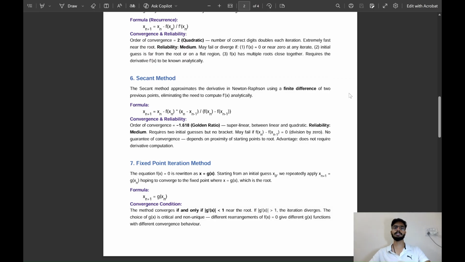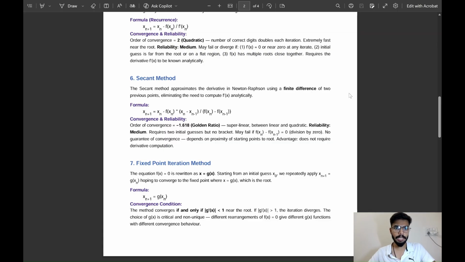Now we will move towards our next method, which is the secant method. The secant method approximates the derivative in Newton-Raphson's method using a finite difference of two previous points, eliminating the need to compute f'(x).